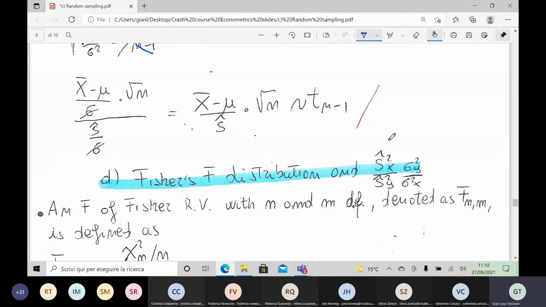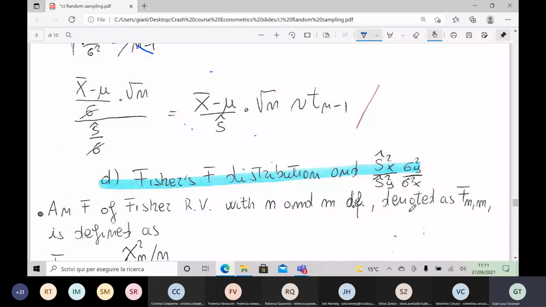I will explain what it is, but first, in order to explain this one, which I still have to introduce, I need to first talk about a fourth continuous random variable, which is the so-called F of Fisher, or Fisher's F, capital F distribution. So as I did for the chi-square, as I did for the Student's t, I need to provide the definition of an F of Fisher and some properties, but really few properties.